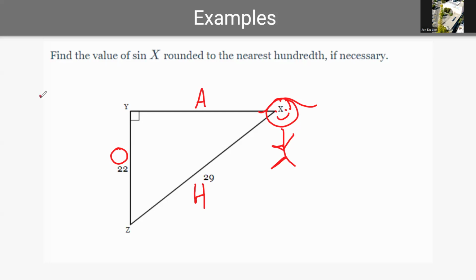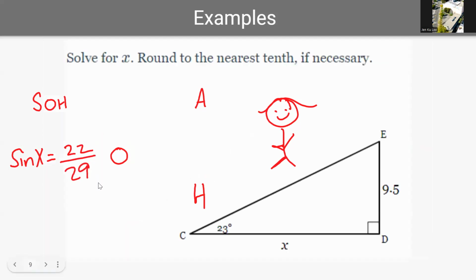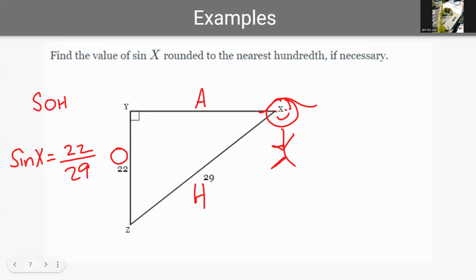So the sine of x equals 22 over 29. All right. Cool.